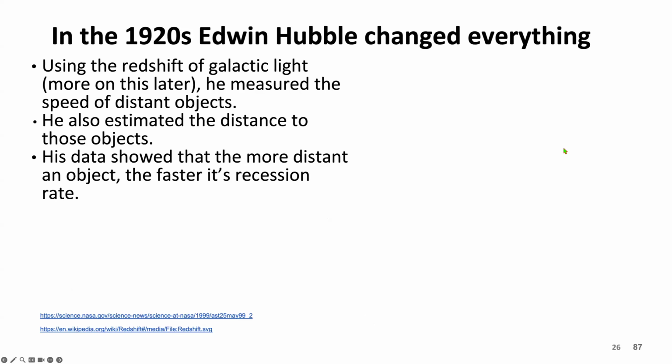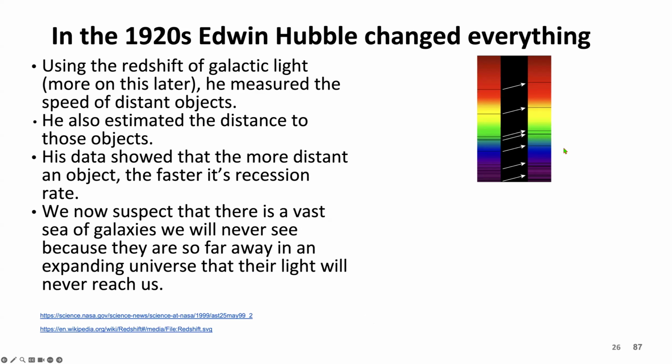So I'm going to quickly show you Hubble's work. How did he do his estimate of the fact that objects were receding from us? He exploited something we're going to talk about over and over again, and that is the redshift that occurs if you have a light source moving away from you.